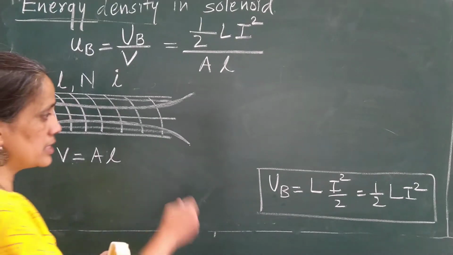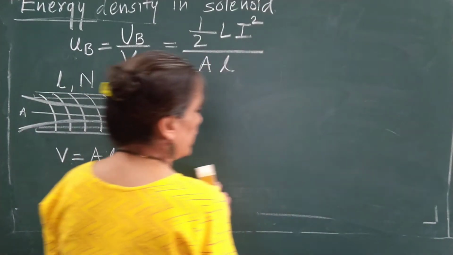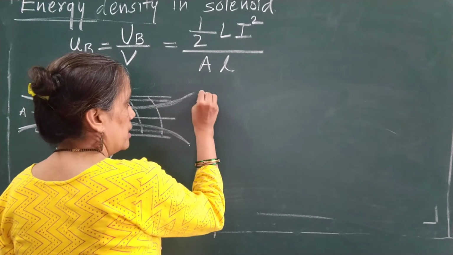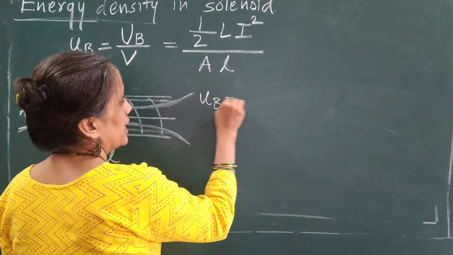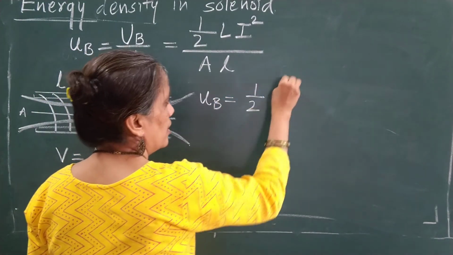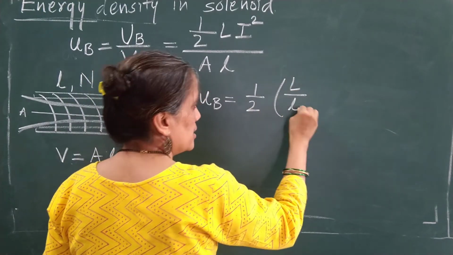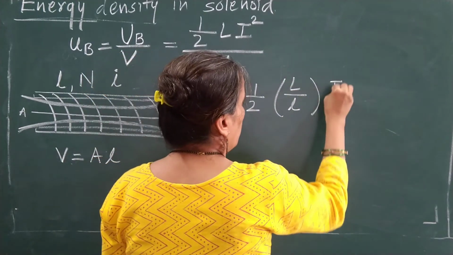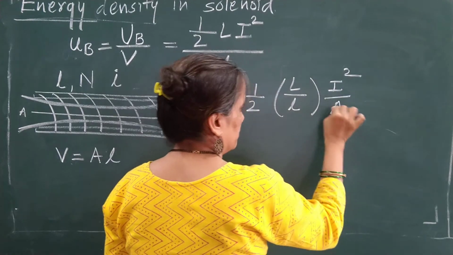Is it right? Now the same equation I can rearrange, and the magnetic energy density can be written as half L upon l into I square upon A.